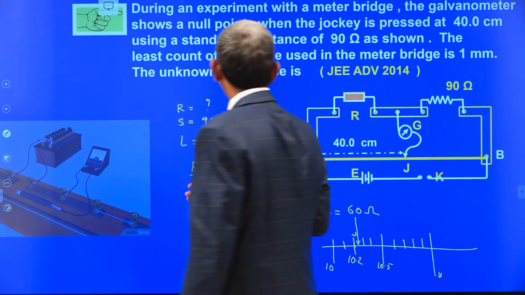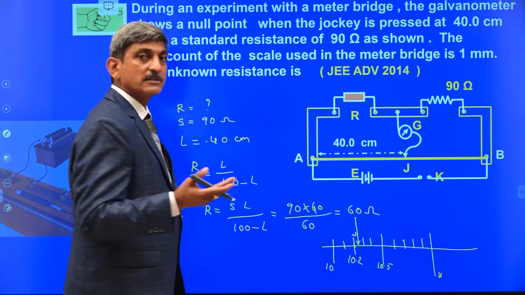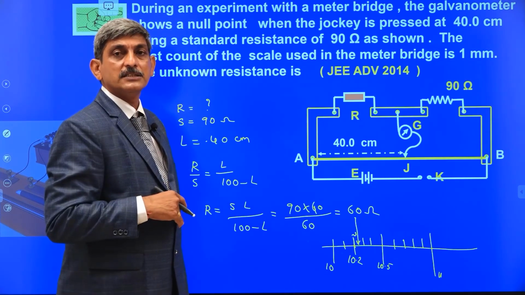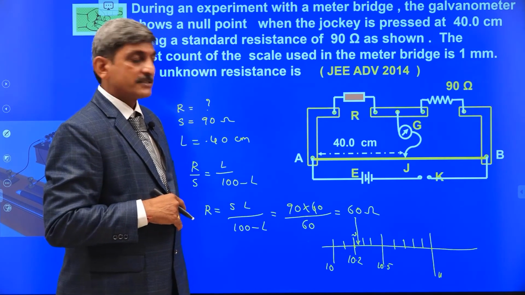For that we have to do some mathematics, which we have done in errors and measurements.